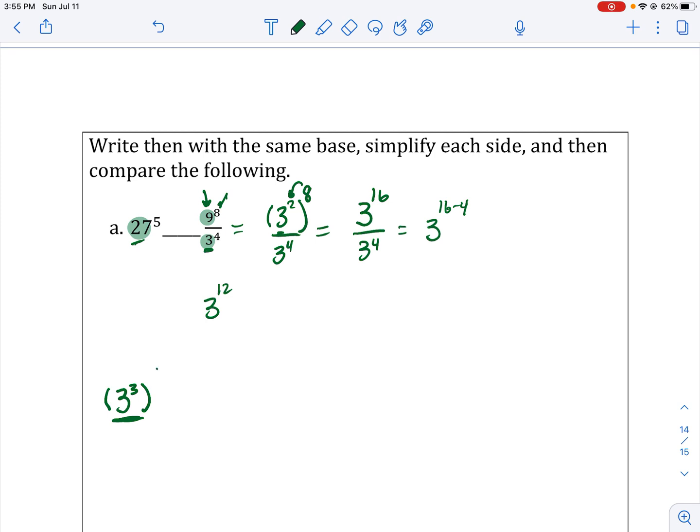All of that to the 5th because the question says 27 to the 5th power. Power to a power, we multiply. 3 times 5 is 15. So this is 3 to the 15th power. I'm comparing whole numbers. I've got like bases on both sides, and they're both whole numbers, so I can compare my exponents. 15 is larger than 12, so 27 to the 5th will be greater than.